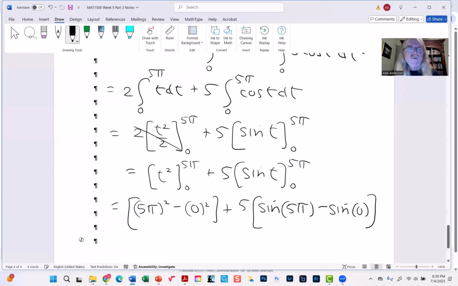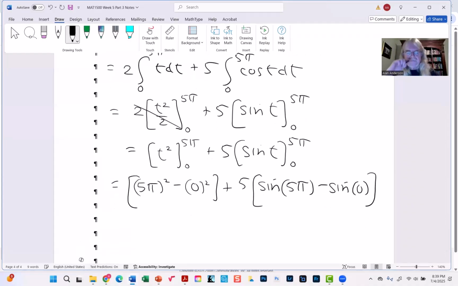All right, so what do we have? So this is just 0. Now over here we have 5 times the sine of 5 pi. I'll get that from my calculator. What do you know? It's 0.